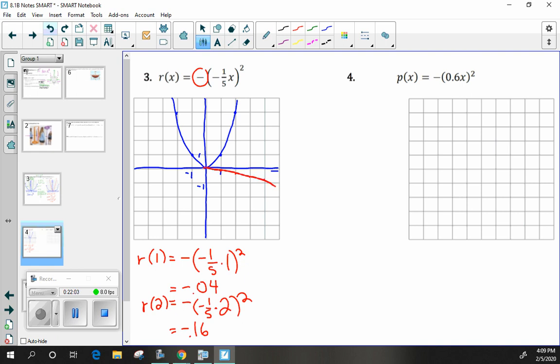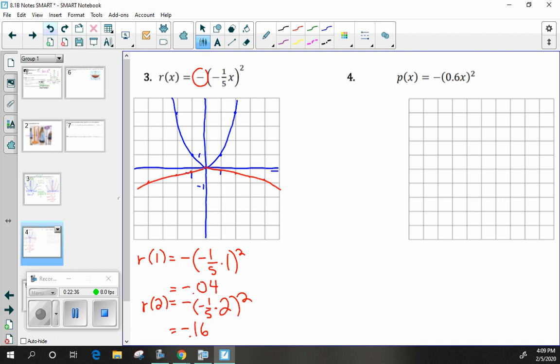That is a pretty wide parabola that we have moving downward and really, really wide. What is the most confusing thing, unless you think about your reciprocals, is why would a 5 give us a narrower graph than a 1/5?